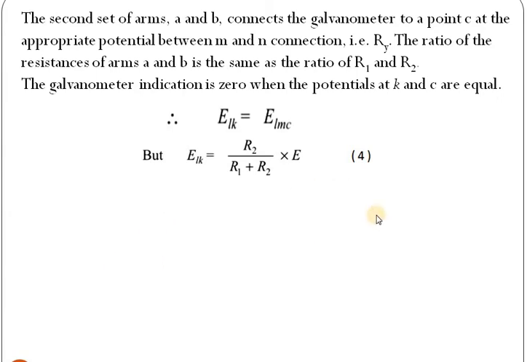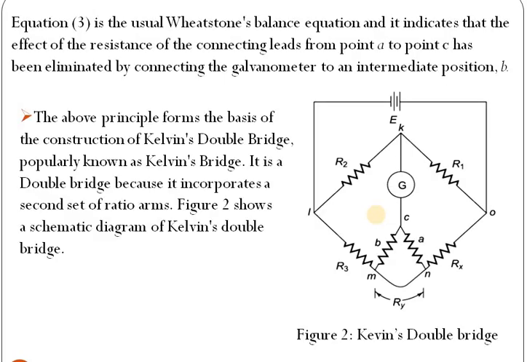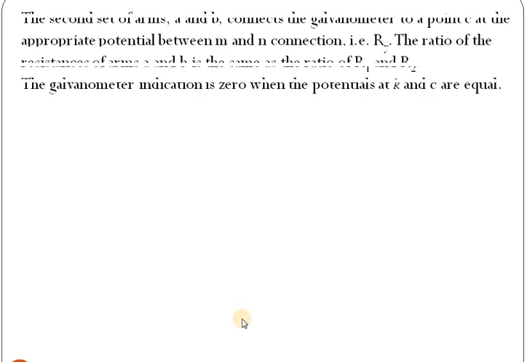Observe this: how can we obtain it? E is the EMF source, so whenever we want this EMF expression, how can we get the current expression?